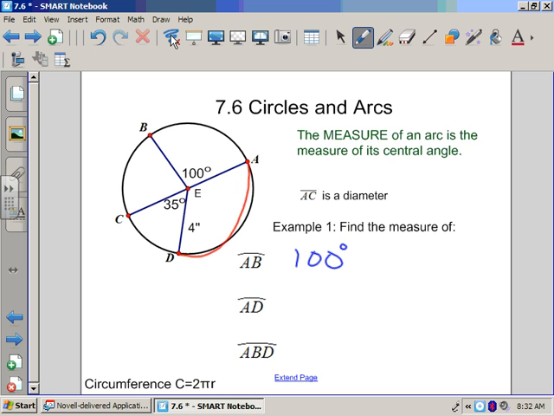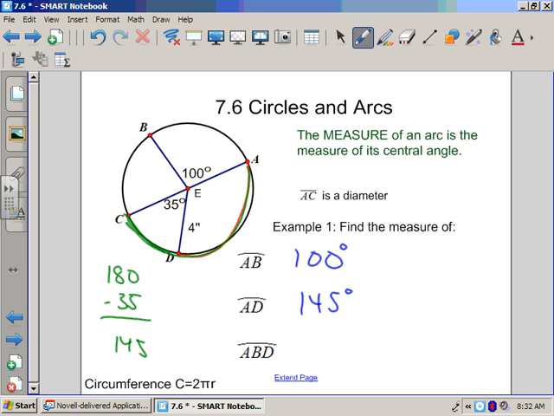I know that arc ADC is 180 degrees, and I know that arc CD is 35 degrees. So the measure of arc AD must be 180 minus 35, which is 145 degrees.